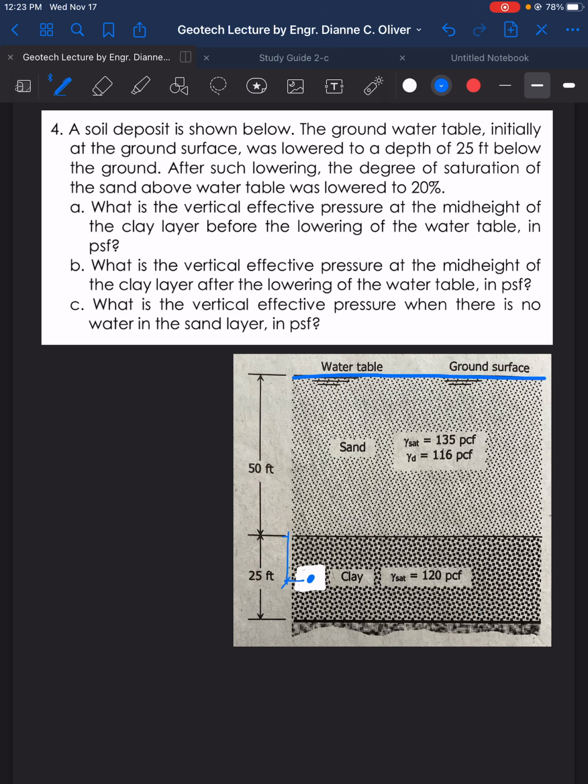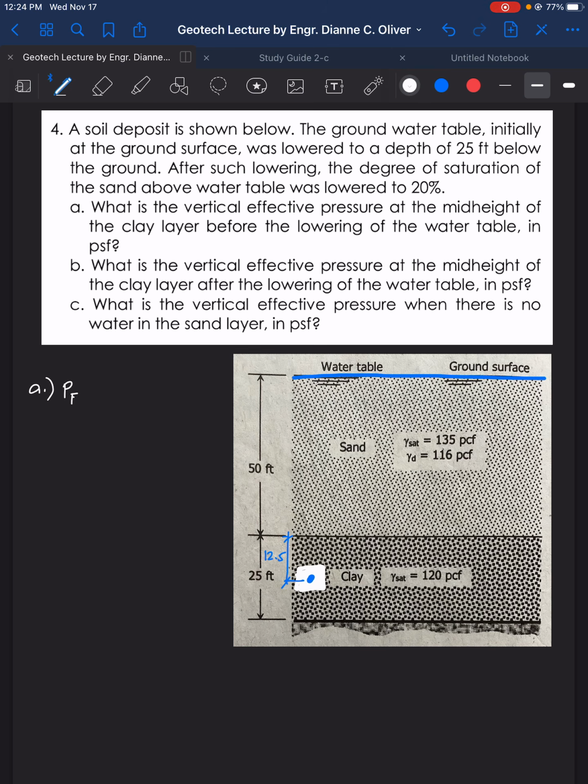So this is 12.5 feet. Okay. So letter A. Before lowering, what is the effective stress? So gamma sat is given already. Okay, so there's gamma sat already here. Good. And then there's also gamma sat for water. So we're good to go.